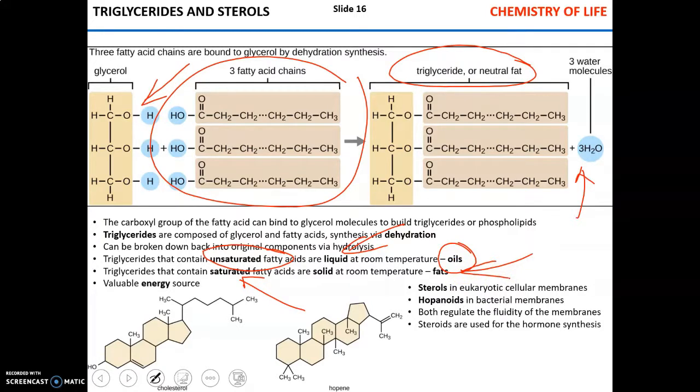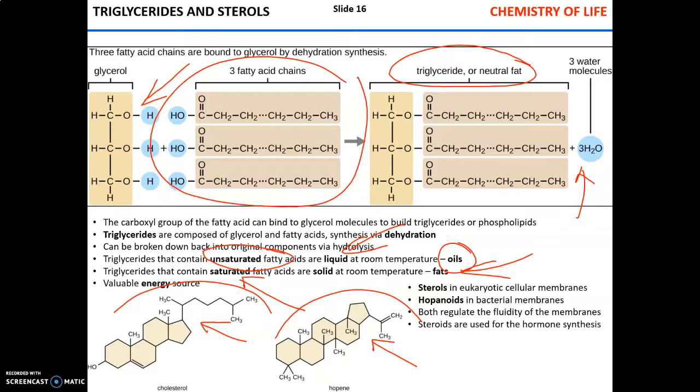Now here at the bottom, you can see a couple more examples of another type of lipid. It's basically a condensed polycyclic compound. Those are sterols and hopanoids. So sterol is on the left, hopanoid is on the right. Both sterols and hopanoids are found in the cellular membranes, and they regulate the fluidity of the cellular membranes.